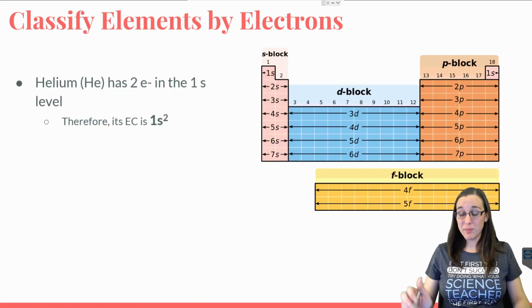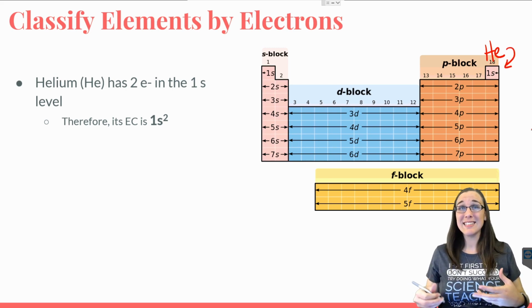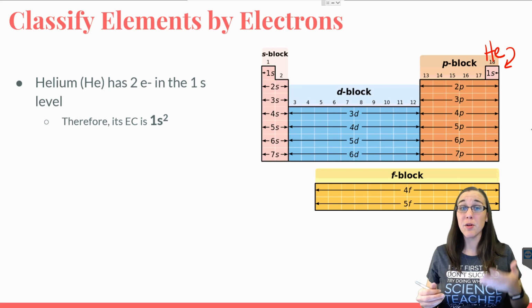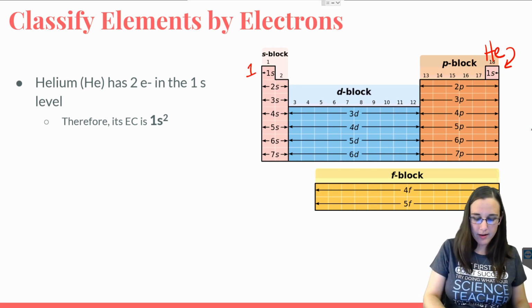So helium is over here on the periodic table. If we were to read this organization pattern to get ready for these electron configurations, we can think of it as reading the periodic table from left to right, just like you would read a book. So helium is in level 1.